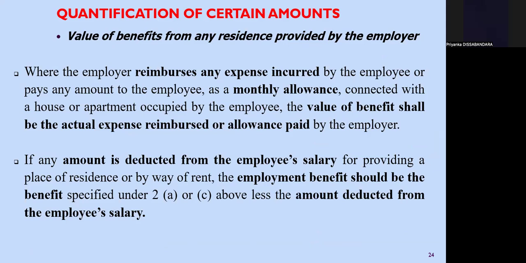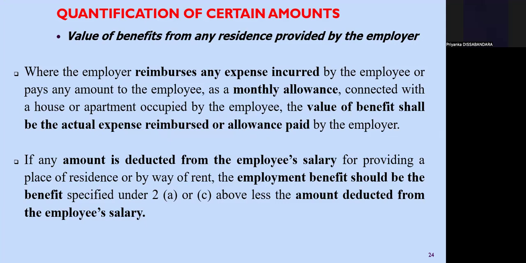That means now we know the value for this house, so we consider the value the employer reimbursed or the allowance paid. In the earlier case we don't know the value, so we consider 12.5%, 10% or 7.5% of the salary. Now, in this case, we know the actual value we pay for that house.